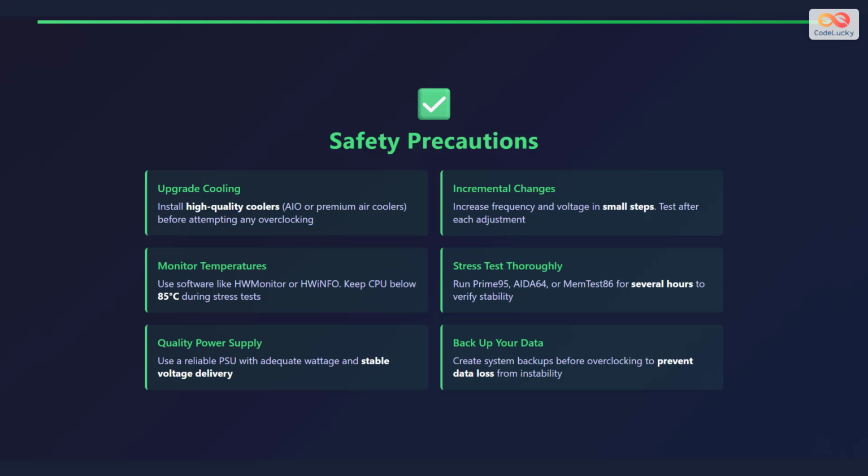Perform thorough stress testing with software like Prime95 or AIDA64 for several hours to verify stability. Ensure your power supply has adequate wattage and voltage stability. Finally, back up your critical data before overclocking to protect against data loss from system instability.